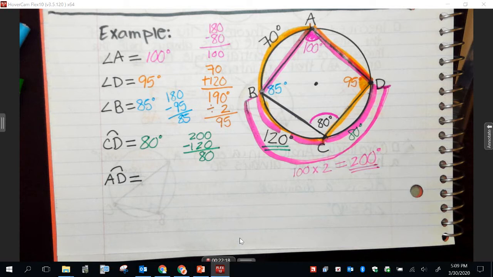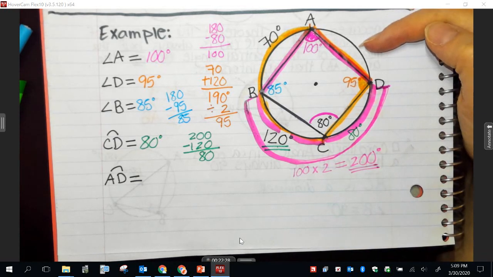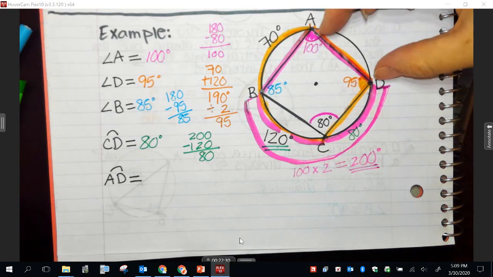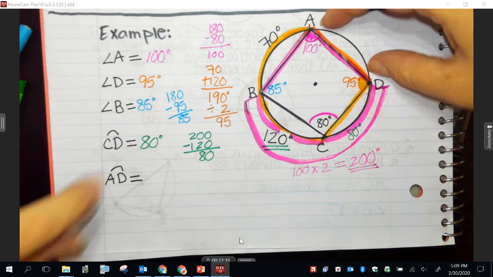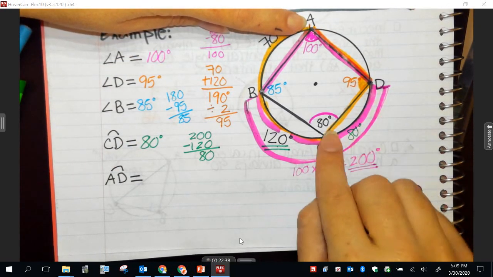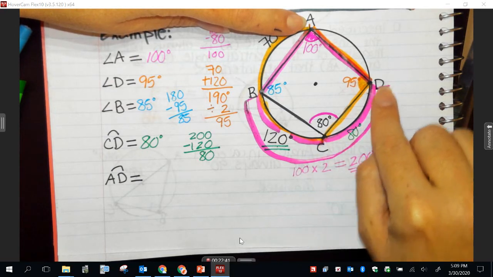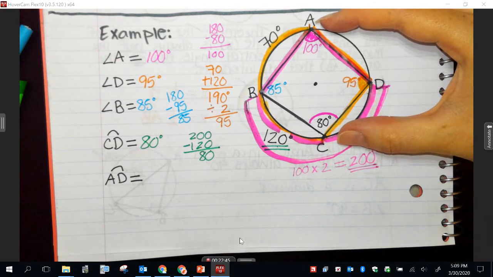Now, that technique that we just used is pretty much going to be the same technique that we're going to use to get AD. There is no inscribed angle that connects directly to AD, but there is an inscribed angle that has this part CD and goes from C to D to A, so from here all the way to here.